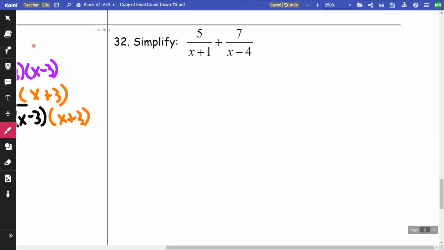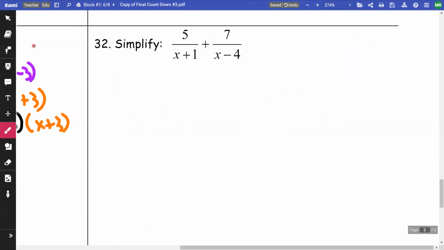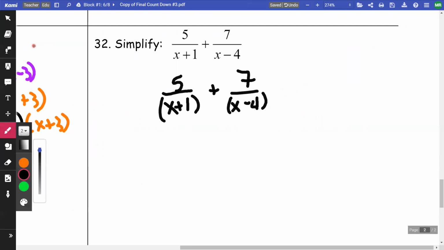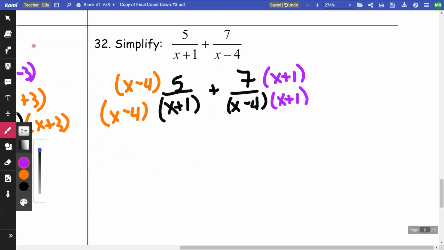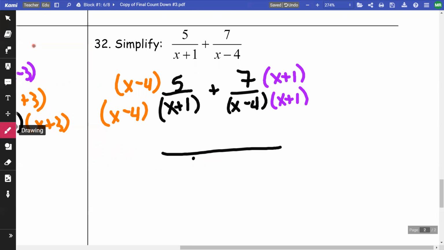32. So 32, we are adding these. So I have my 5 over x plus 1 plus my 7 over x minus 4. I need to get common denominators. So I am going to multiply this side by an x minus 4 top and bottom. The other side, I'm going to multiply by an x plus 1 top and bottom. And so my common denominator is going to be x minus 4 times x plus 1.